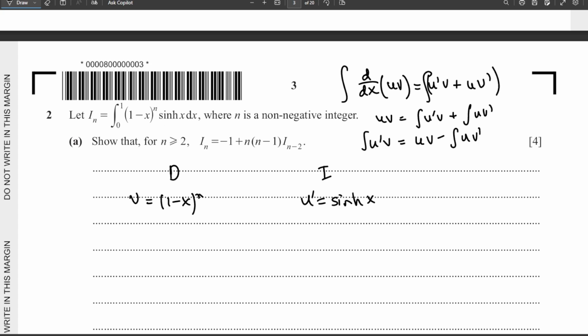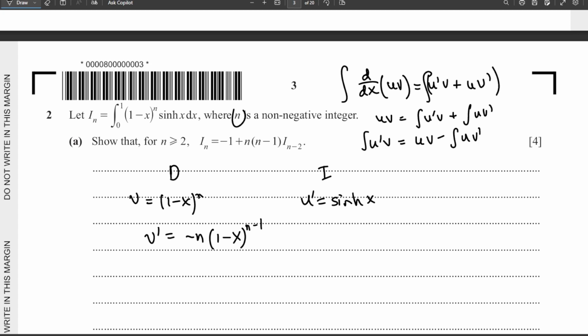And n is just a constant, so we treat it as a constant. If we differentiate this function, v prime, we bring down the power, keep this one, and take away one from the power. Don't forget we need to use the chain rule to multiply by the negative inside.